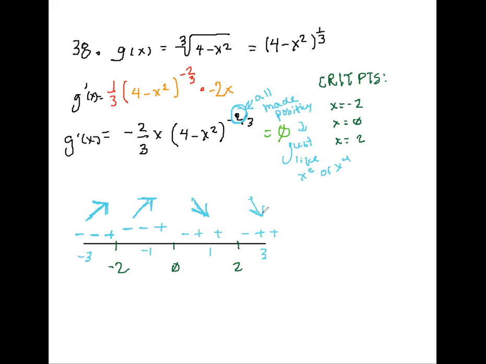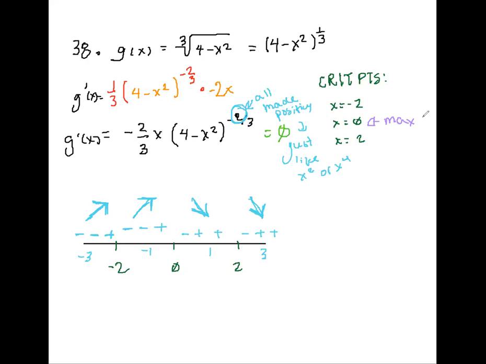So where do I have mins and maxes? I have a maximum at 0. What do I have going on everywhere else? The important thing to remember is that critical points don't have to be mins or maxes.